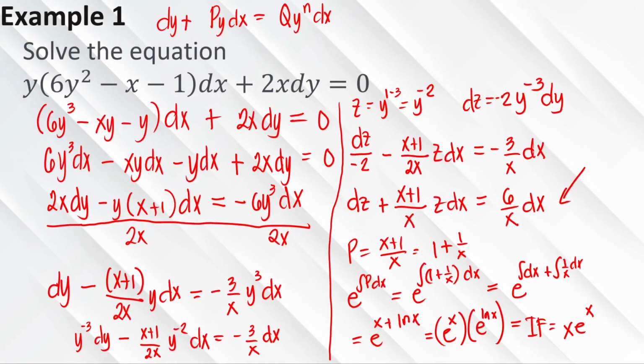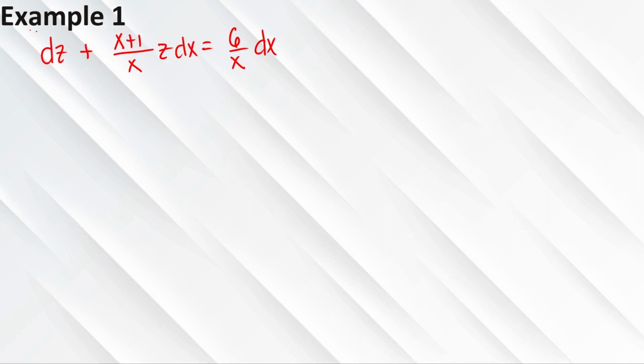Yung equation natin is dz plus x plus 1 over x z dx equals 6 all over x dx. If I got it right, yes. At ang integrating factor natin is x e raised to x. So, i-multiply natin ng x e raised to x both sides of the equations.